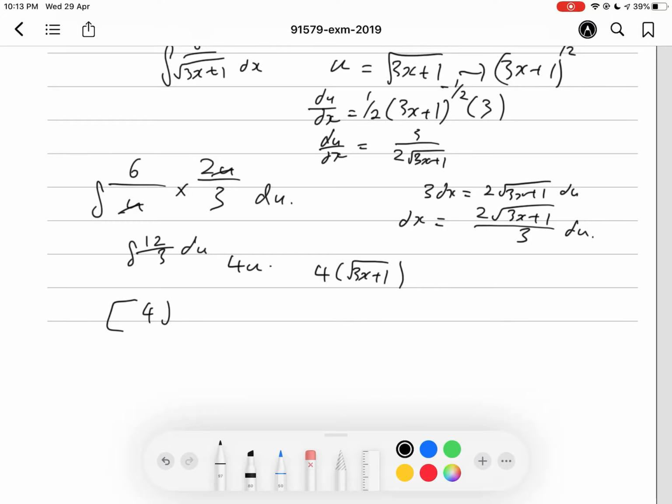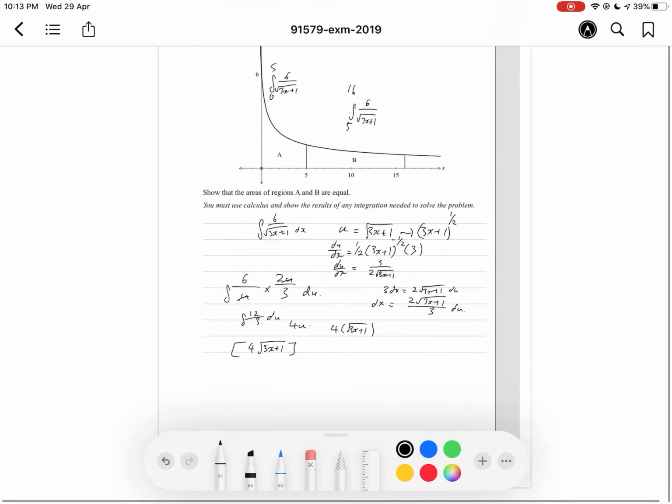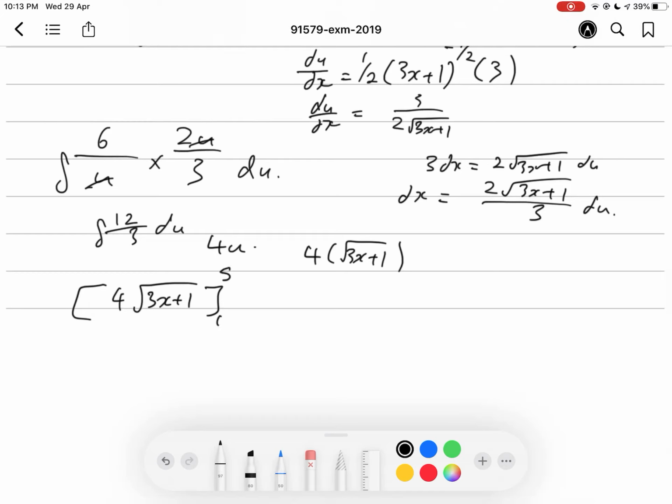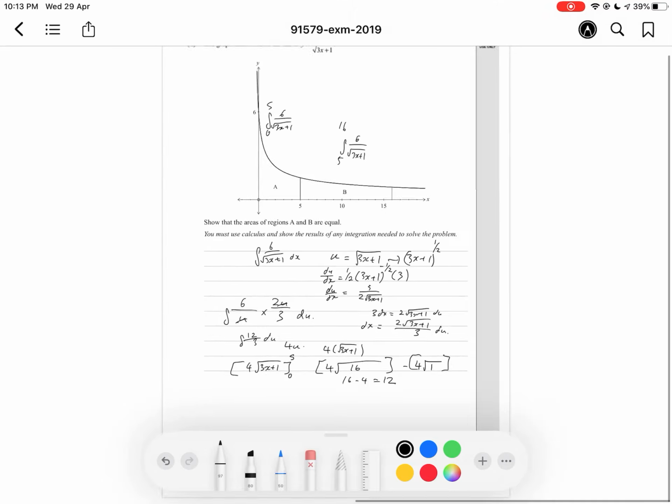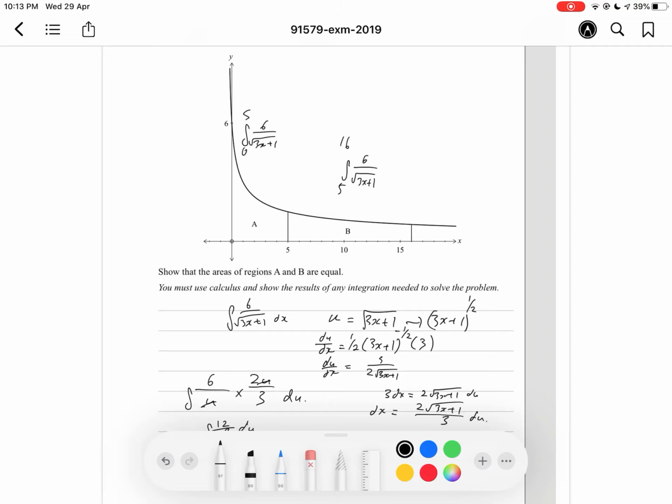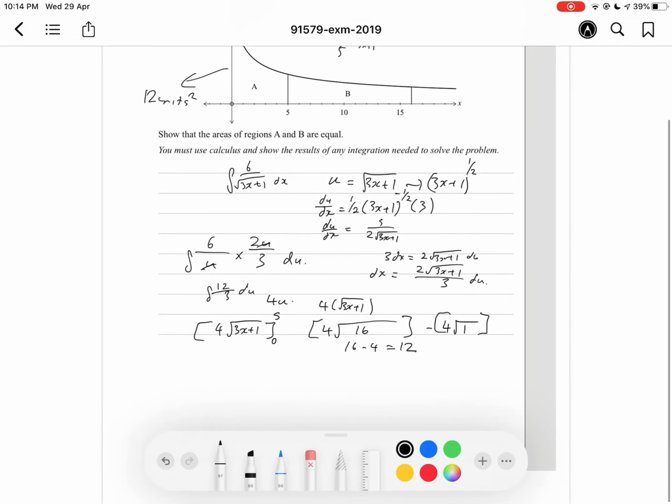Alright, so we have 4 root 3x plus 1 between 5 and 0. We substitute 5 and we get 4 square root of 16 minus 4 times square root of 1. So that will become 16 minus 4, that equals 12. So the area of A equals 12 units squared.